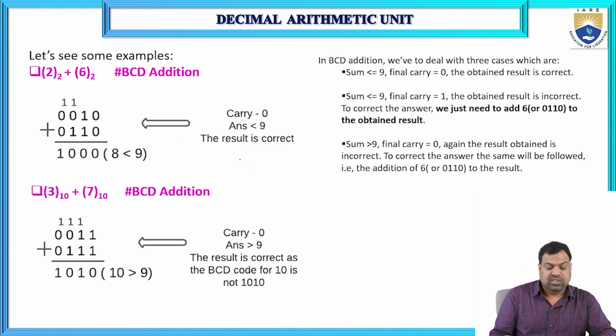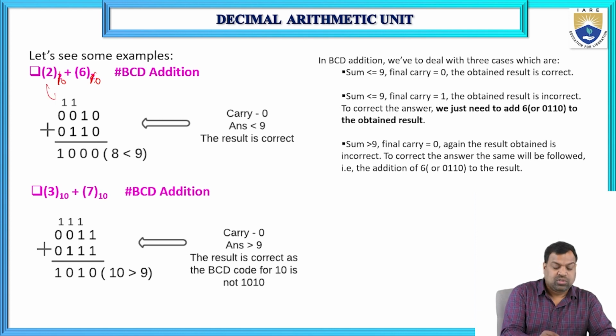So we take 2 base 10 plus 6 base 10. Is it addition? Yes. But here they are decimal numbers, because 2 and 6 are decimal numbers, not binary numbers. It is BCD.